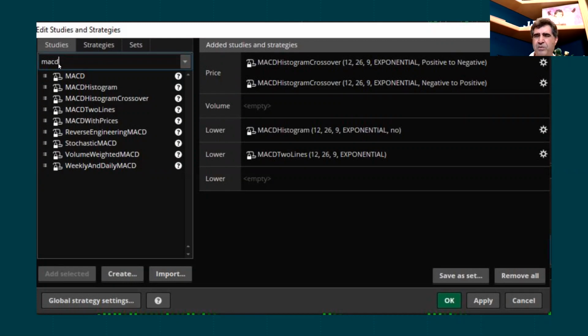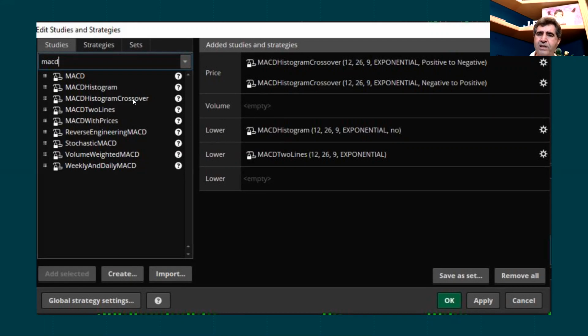This is on Thinkorswim. I'm assuming most of you do have the TOS. By doing the MACD, you can add the MACD histogram. You will have the MACD histogram crossover, and that's the one that you click.